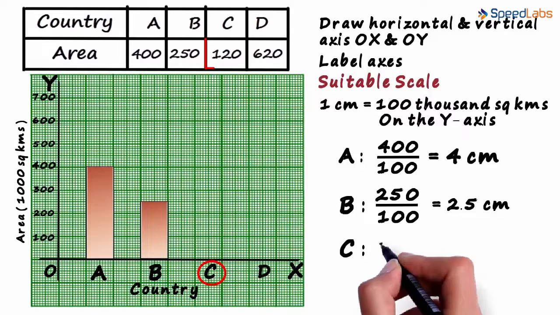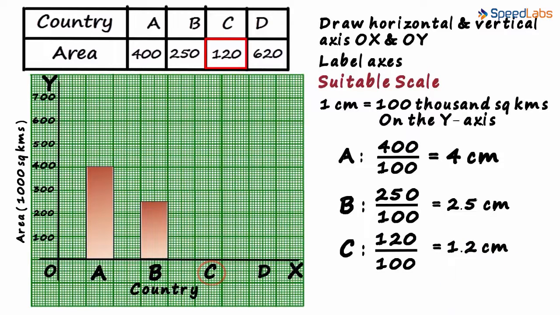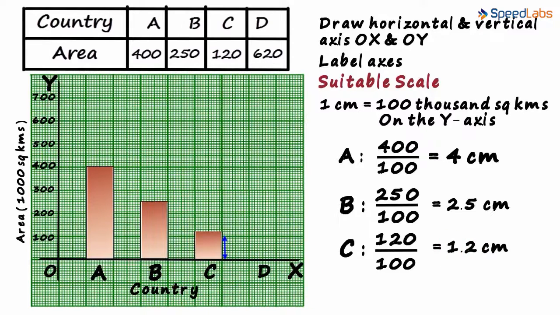The length of the bar will be 120 by 100, which equals 1.2 centimeters. Each centimeter on the graph is divided into 10 parts of 1 millimeter each. 1.2 centimeters is 1 centimeter and 2 millimeters. So the bar will be drawn up to this point, 1 centimeter and 2 millimeters.